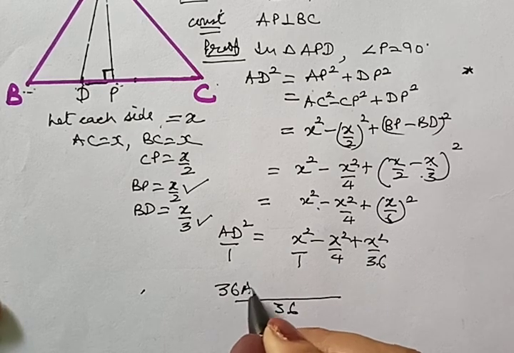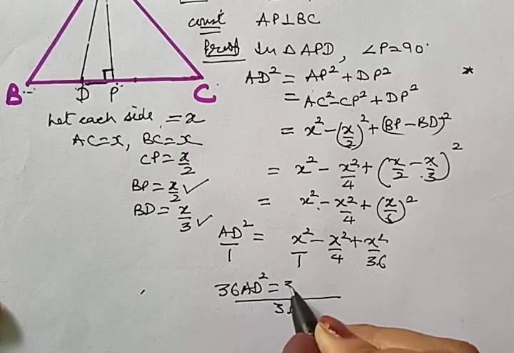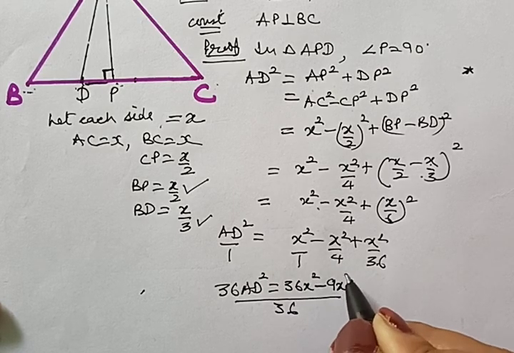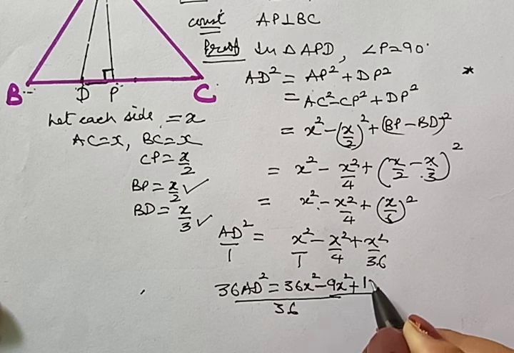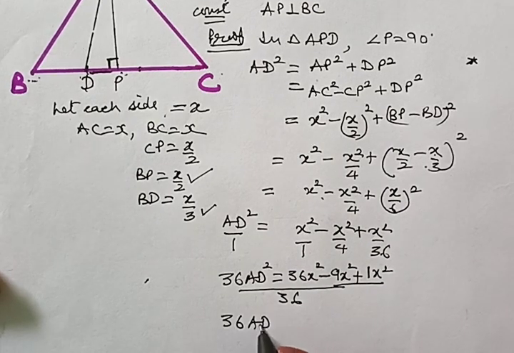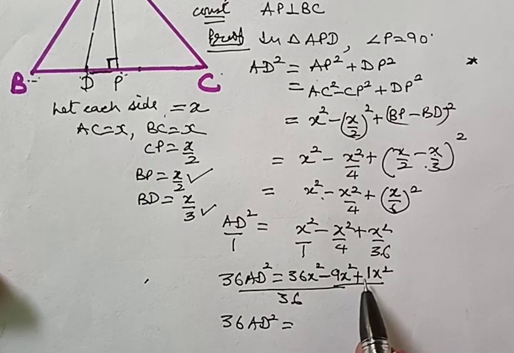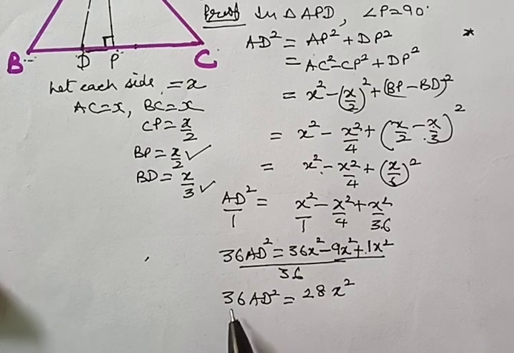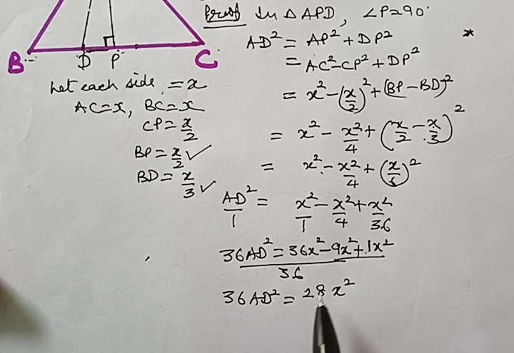So this gives me 36 AD square is equal to 36x square minus 4 is already there, 9x square plus 1x square. Now this 36 is finished. I get 36 AD square is equal to 36 plus 1 37 minus 9 28x square. See, this is getting cancelled by 9 on both sides.